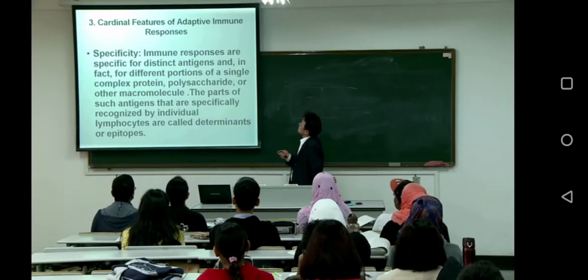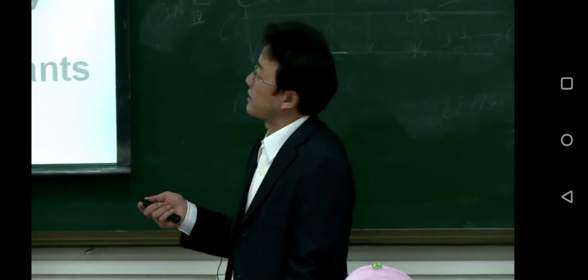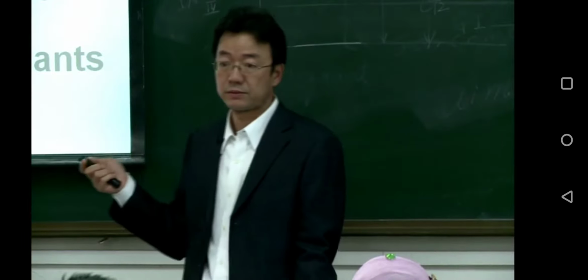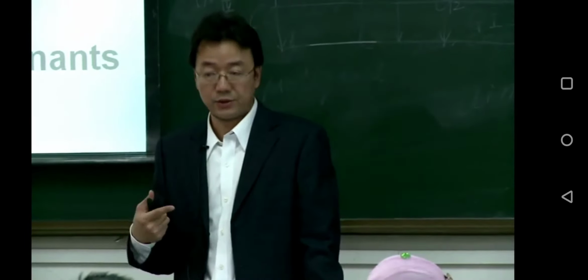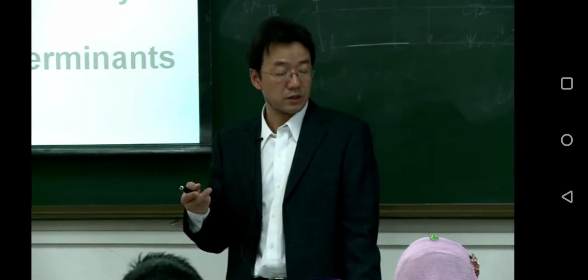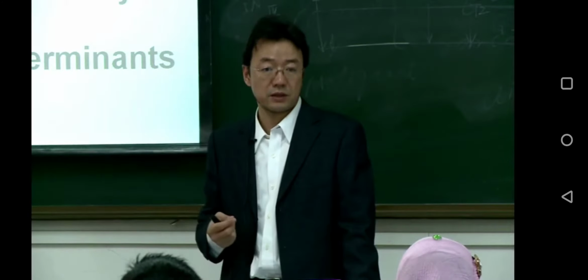There are several major features of the adaptive immune response. The first is specificity. That is a very good model for us to understand the specificity of the adaptive immune response: vaccination. I guess all of the people sitting here got the vaccine, different kinds of vaccine.